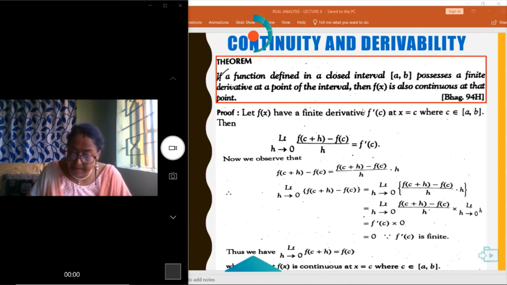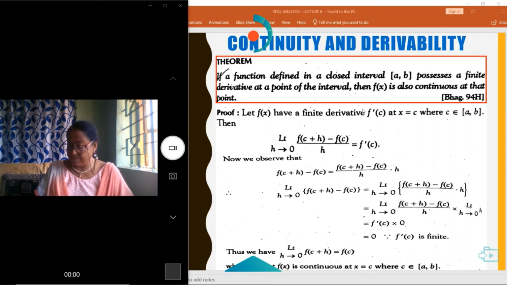Since f'(c) is finite, we have f(c+h) equal to f(c) as h tends to 0, which implies that f(x) is continuous at x equal to c, where c belongs to the closed interval [a, b].